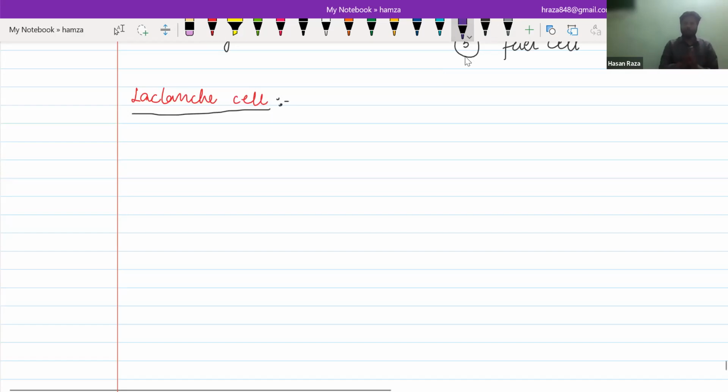First of all, you have to remember one thing: what is the voltage of these cells, which is very important. Sometimes in the questions it won't be given that the voltage of Leclanché cell or mercury cell is this much, so you have to remember it. So approximately the voltage is approximately 1.5 volt.